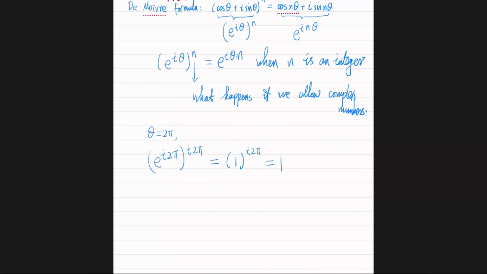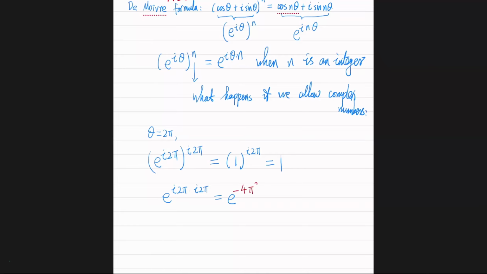Now if we apply this rule, see what do we get? Apply this rule, that's basically just e^(i 2 pi) times i 2 pi. So what's this? That's e^(i squared times 2 pi squared), that's just e to the negative 4 pi squared, because i squared is negative 1 and 2 squared is 4.